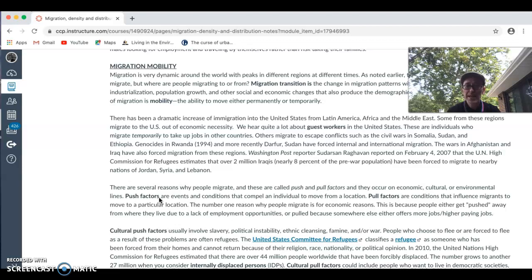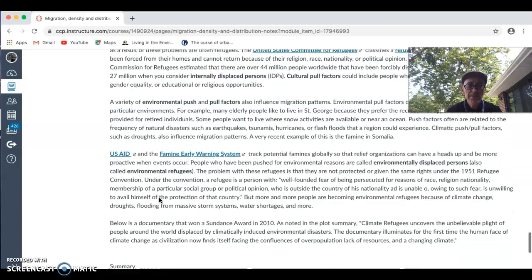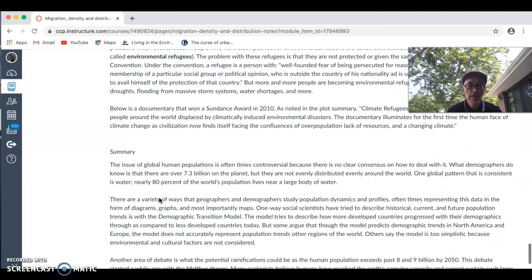What's bad about an area? These can be both real or perceived. And the pull factors, where do people want to go? What's good? What's the opportunities in those areas? And this again can be real or perceived. Okay, so these are some of the things that you want to look at. Migration is important. Okay, distribution, density, include all of these in your paper.